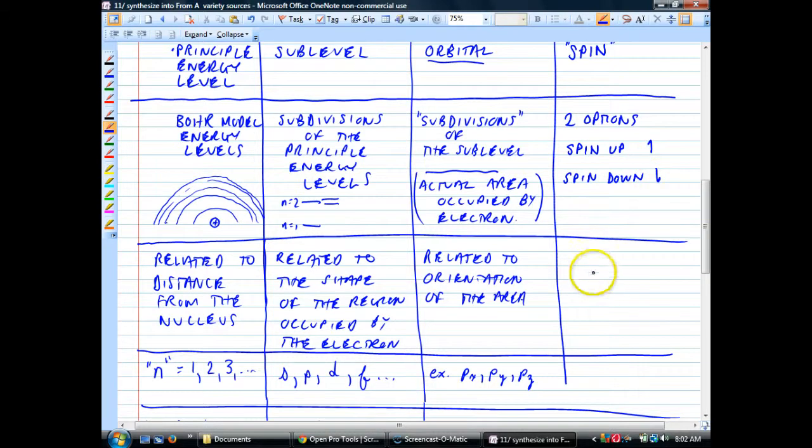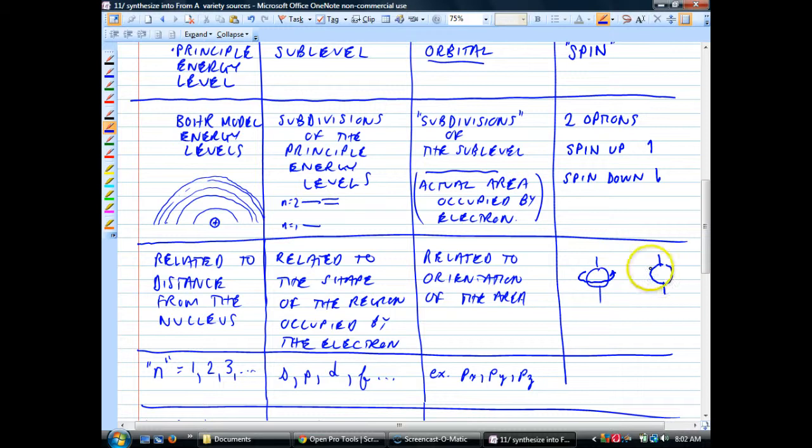And basically what we're talking about here is there is a property of an electron that when physicists measure it, it is a magnetic field that you get when you have a spinning charge. So if you have a spinning charged particle, it generates a magnetic field. And electrons do this.